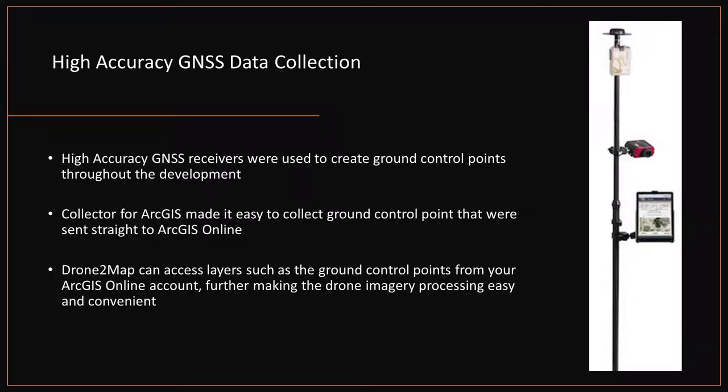So Collector feeds all your points straight to ArcGIS Online, and from there you can bring them into Drone to Map when it comes time to process your imagery. So it makes everything really smooth and really seamless, staying within that Esri suite of software and making everything smooth, and a lot less button clicks or exporting is nice.